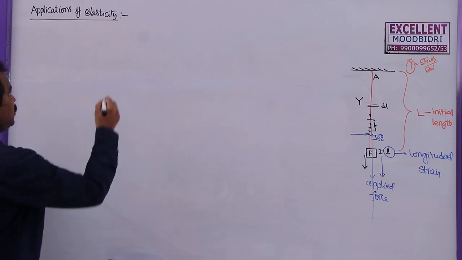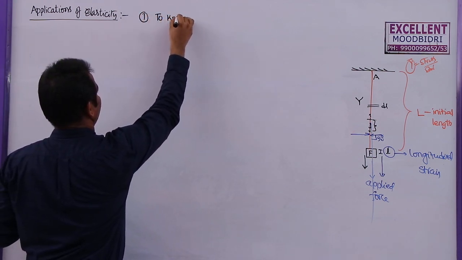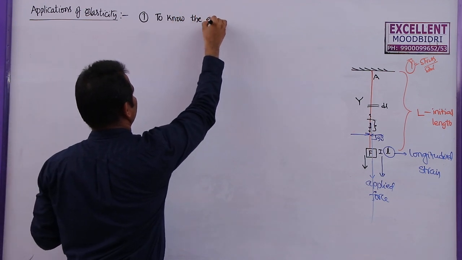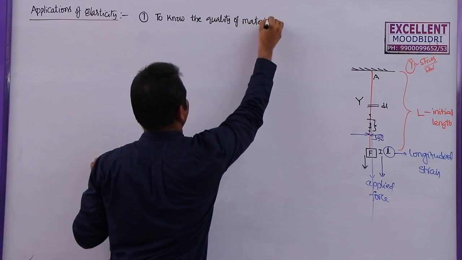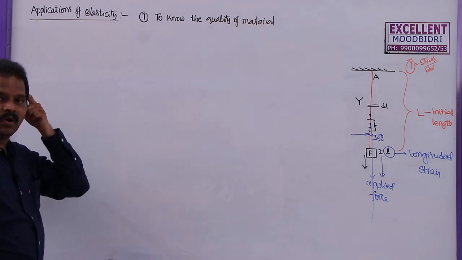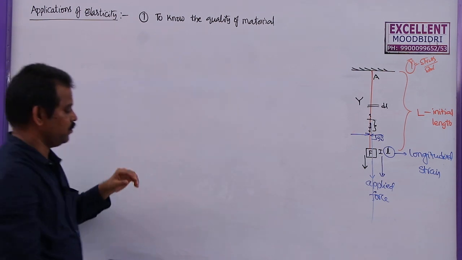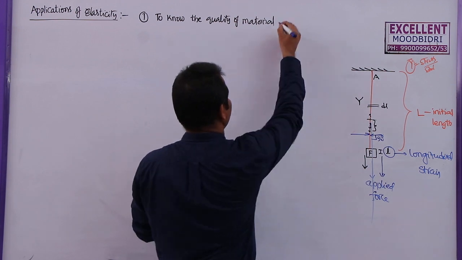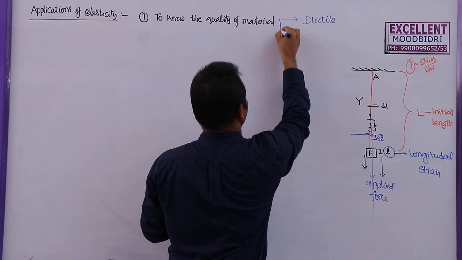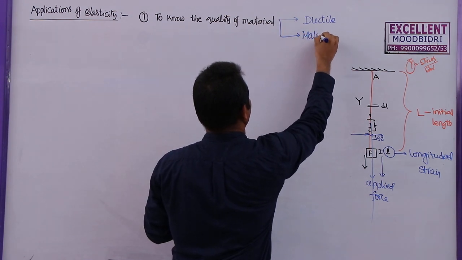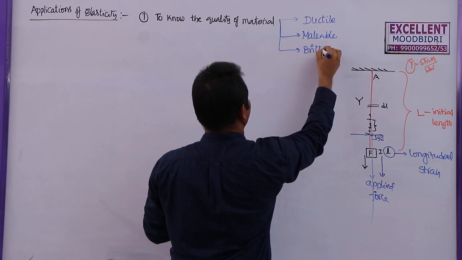Applications of elasticity. The first application is to know the quality of material. So how to find the quality of a material? Already we studied this by using the stress strain curve. The material may be a ductile material, it may be a malleable material, or it may be a brittle material.